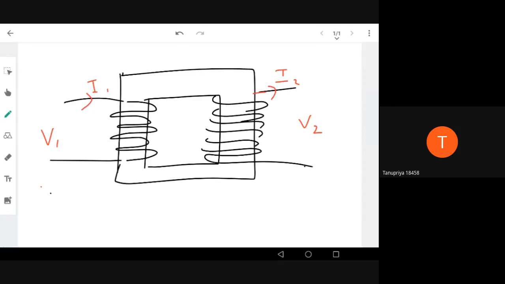What are the parameters which affect the efficiency of the transformer? The power factor, input power factor, output power factor analysis, frequency analysis, etc., and how to improve the efficiency. So you have to measure the losses of the transformer. These are some of the purposes. Here I'm just taking a random purpose, for example, losses, to understand the losses of the transformer.